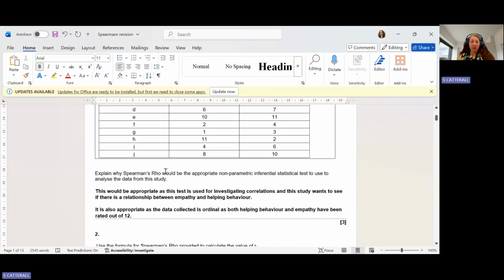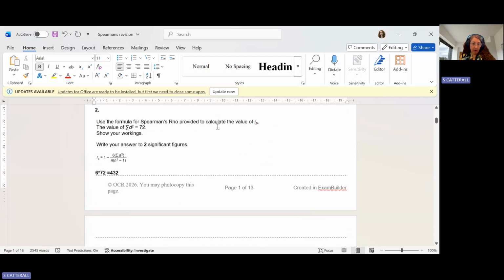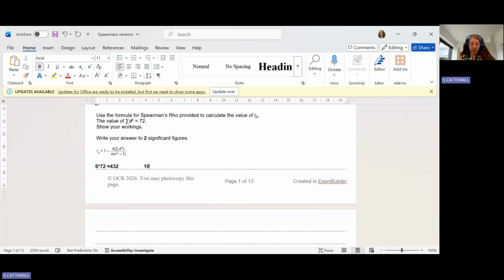So n is the number of participants. It already told us there was 10, in the top of the scenario. So we've got 10 squared, which is 100, minus 1, which is 99. And then 10 times 99, which is 990. I don't know why I had to calculate that, but anyway.